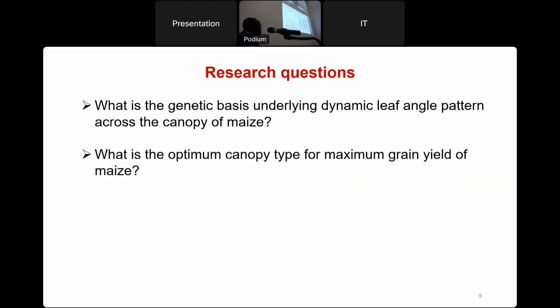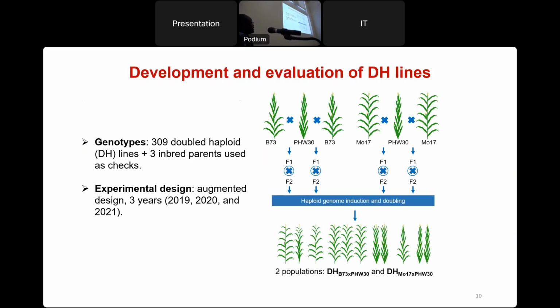So we are interested in how is the genetic regulation of leaf angle across different layers within the canopy. And then the second question that we are asking here is what is also the optimum canopy for grain yield in maize. And to answer this question, our lab developed a set of double haploid lines that we use.